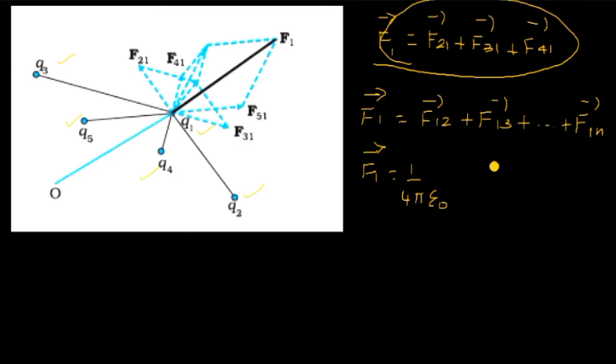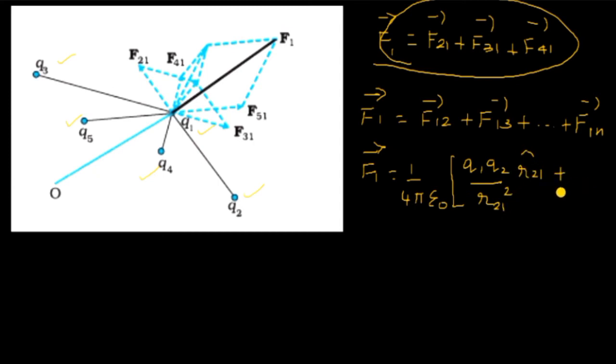Then you can extend this discussion. It is q1 q2 divided by r. The force will act from 2 to 1, so it is r21 square, then r21 cap.